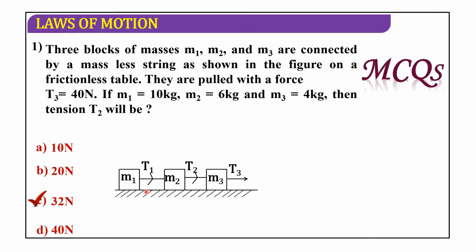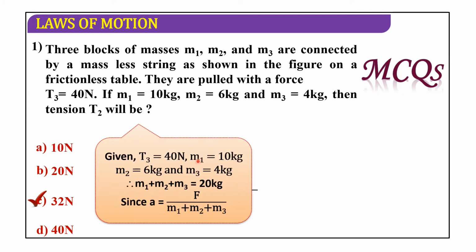Here three blocks M1, M2 and M3 are connected by a massless string with tension 40 newtons. They are given as mass M1 10 kilogram, M2 6 kilogram and M3 4 kilogram.